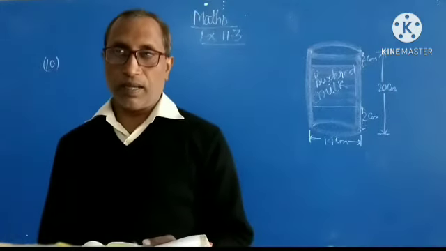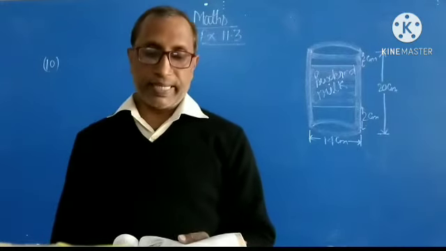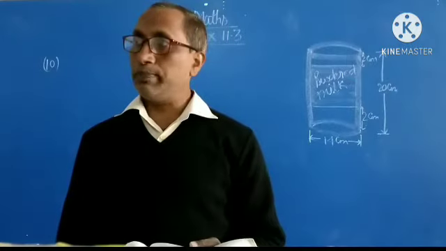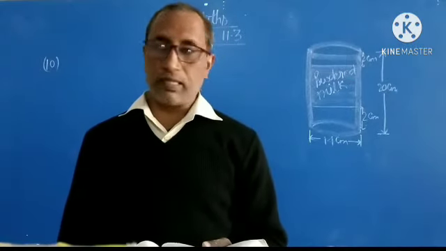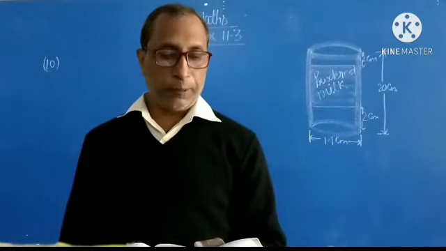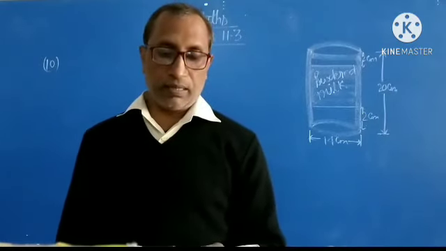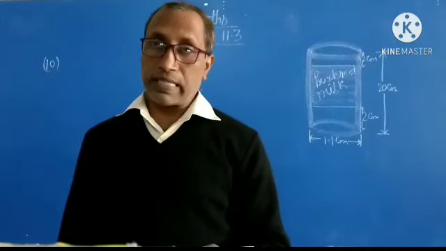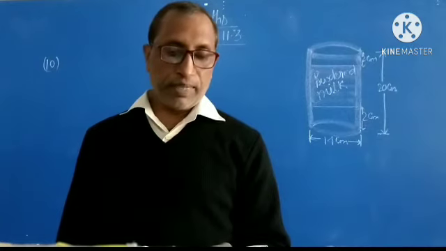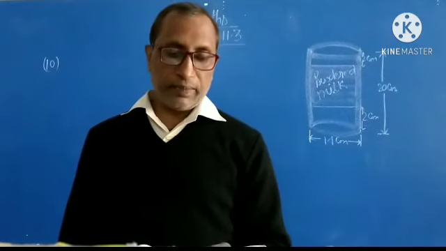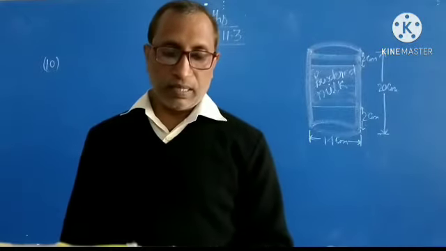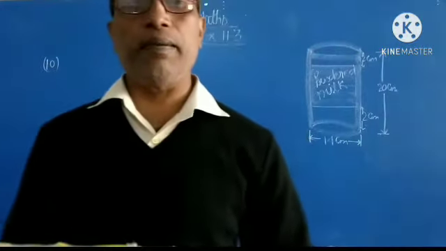Question number 10. A company packages its milk powder in cylindrical container whose base has a diameter of 14 centimeter and height 20 centimeter. Company places a label around the surface of the container as shown in figure. If the label is placed 2 centimeter from top and bottom, what is the area of the label?